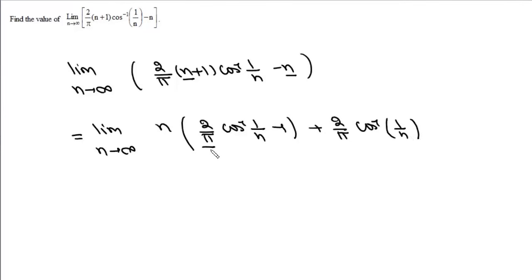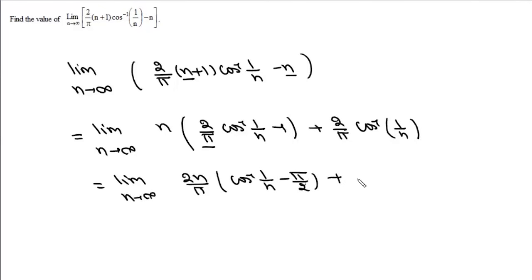Now here we'll take 2/π also common, so we can write this as limit n tends to infinite, and here will be 2n/π, and this is cos⁻¹(1/n) - π/2, and this is (2/π) cos⁻¹(1/n).